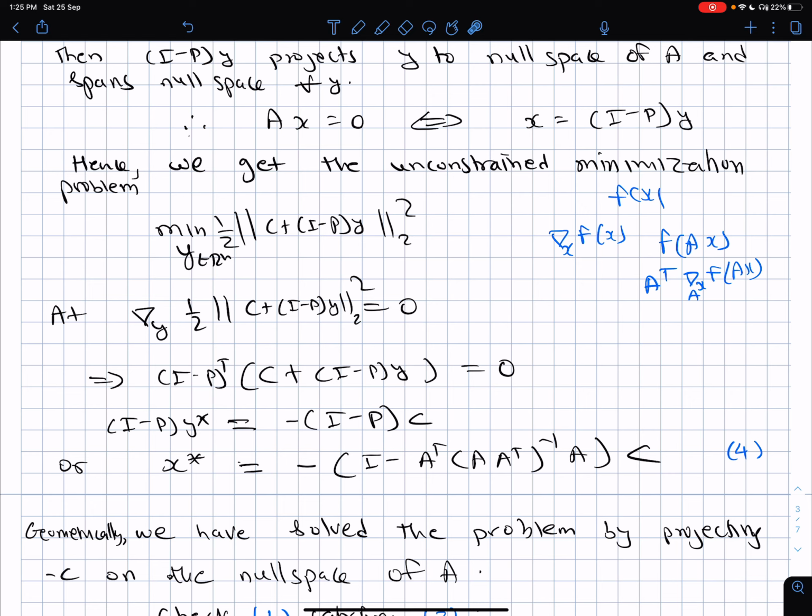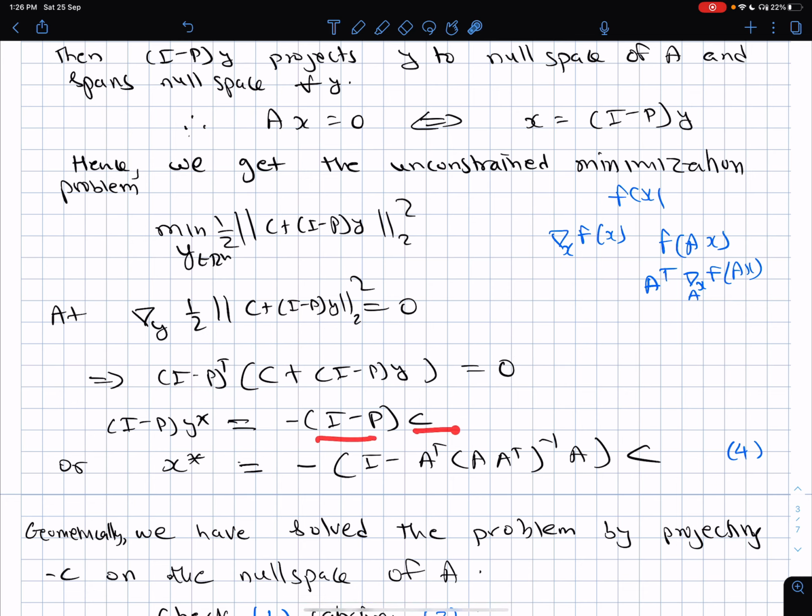So when I multiply the square of it with (I minus p), because (I minus p) is a projection matrix, this whole thing is just going to be (I minus p) times y star, which should be equal to taking the whole of this thing onto the right hand side, minus (I minus p) times c, because (I minus p) transpose is the same as (I minus p).